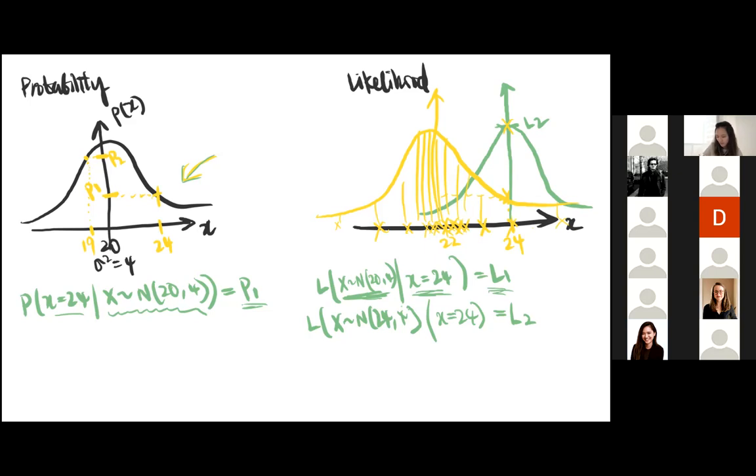So it makes sense, right? If you have a bunch of points and the mean of your sample is 22, your likelihood will be maximized if your population also has a mean of 22. It also brings back some central limit theorem thoughts, which I think is pretty neat. But any thoughts on that as I write out mathematically what this would mean?